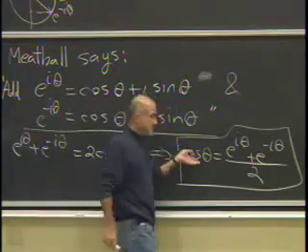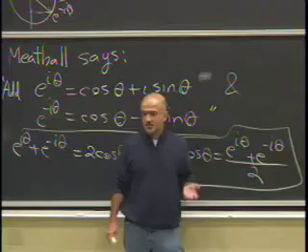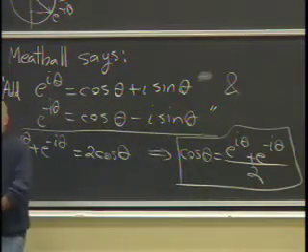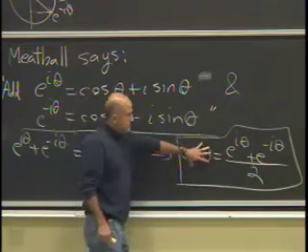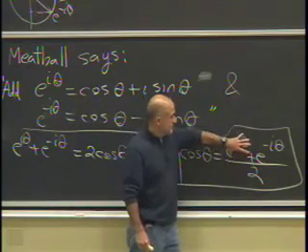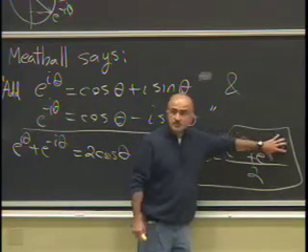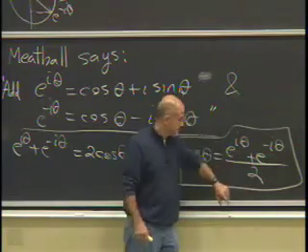Some people call this the inverse Euler's formula. I don't care what you call it, as long as you know what it is. Cosine involves a complex exponential and its negative argument complex exponential divided by 2.